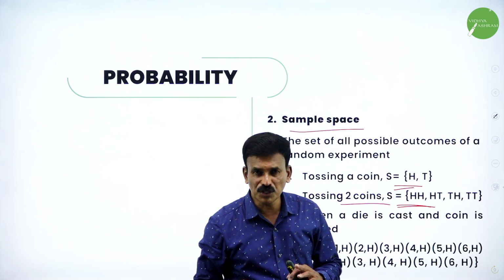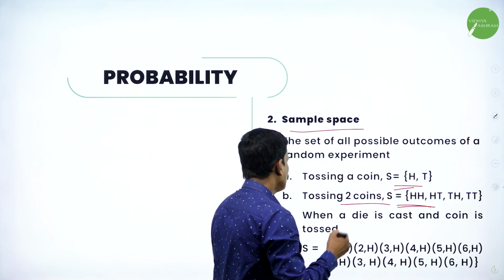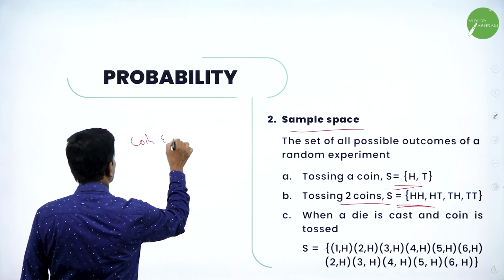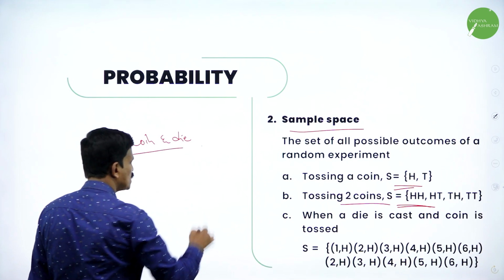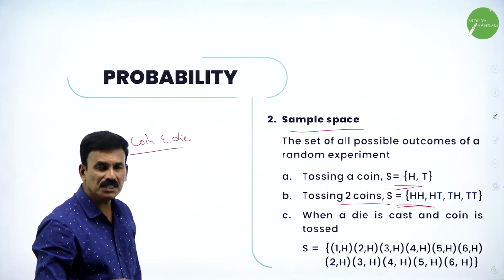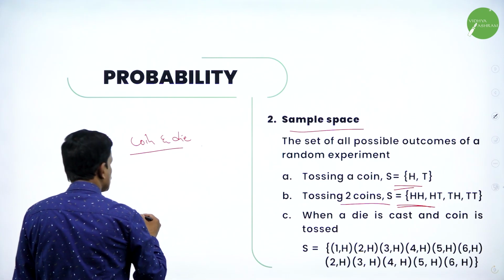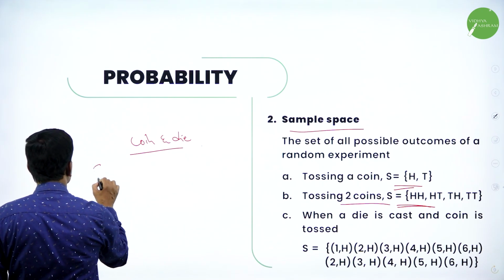Now let us take one more example. Suppose a coin and a die are tossed simultaneously. What is the sample space we are going to get?